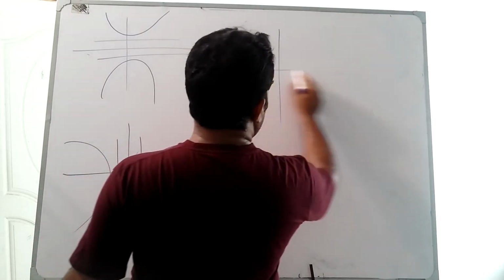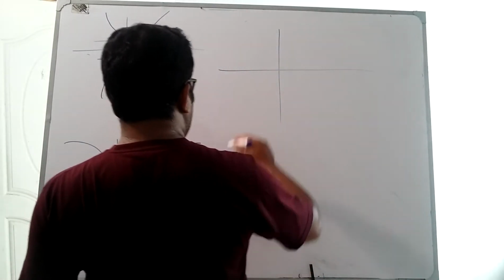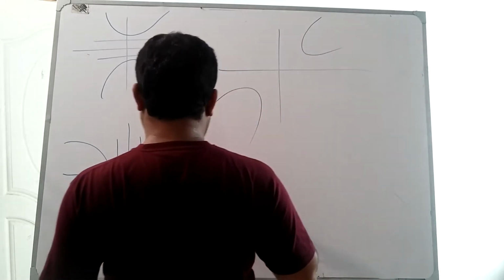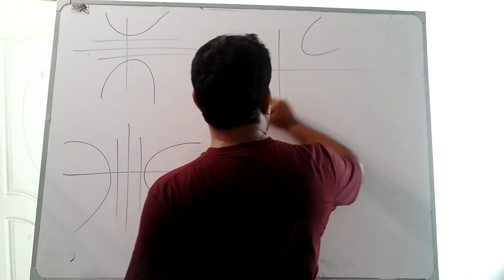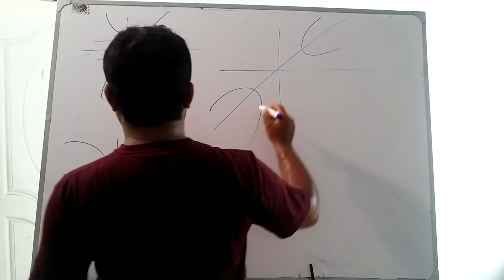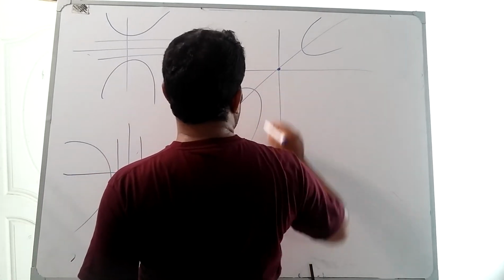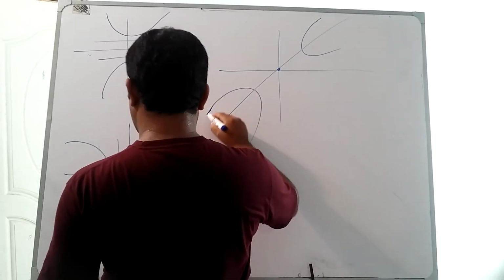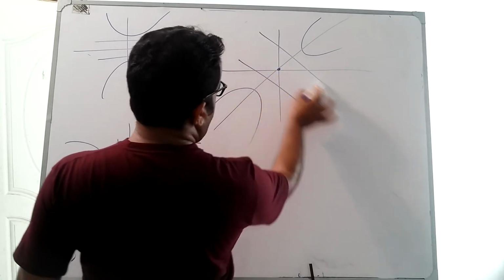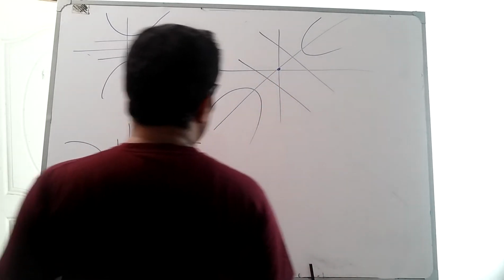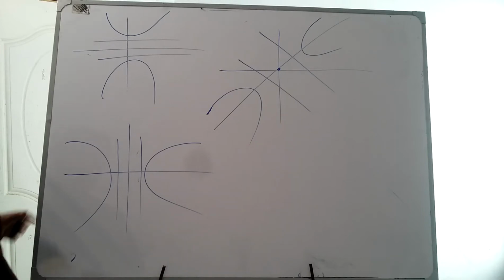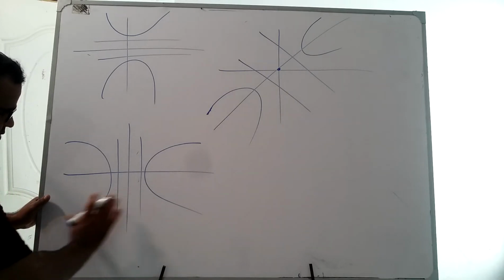The possible figures for the hyperbola: axis of symmetry, directrix and directrix. Okay, let us talk first about this figure.